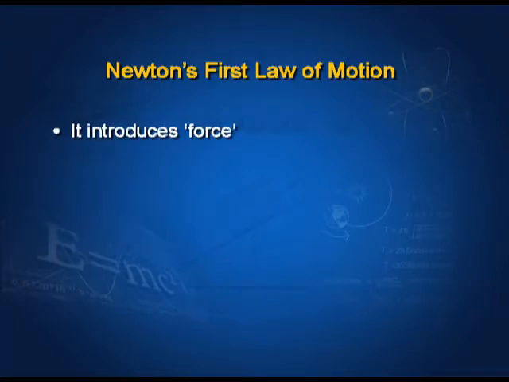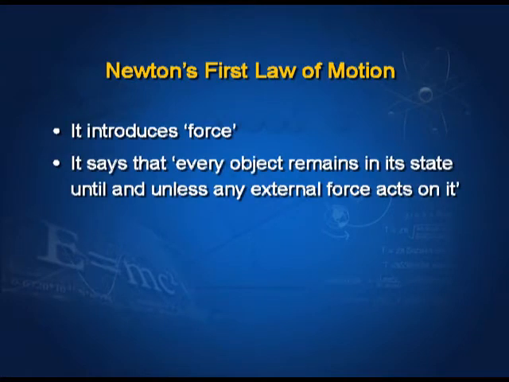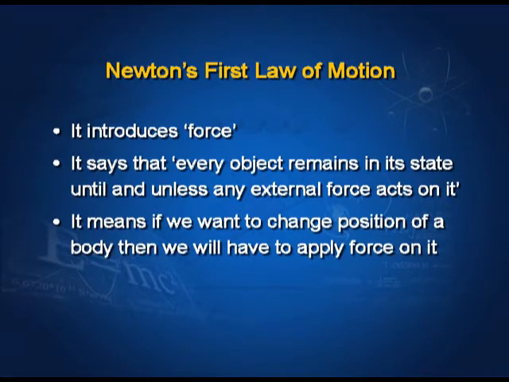Now we will come to Newton's laws of motion. The first law of motion introduces force, and the law states that every object remains in its state until and unless any external force acts on it. It means if we want to change the position of any object, we will have to apply force on it.